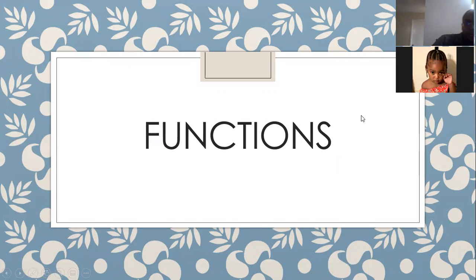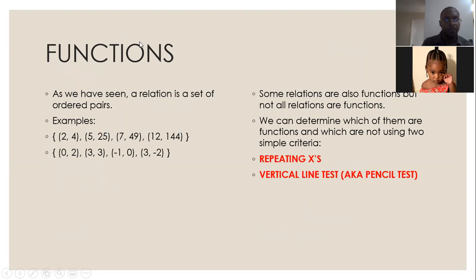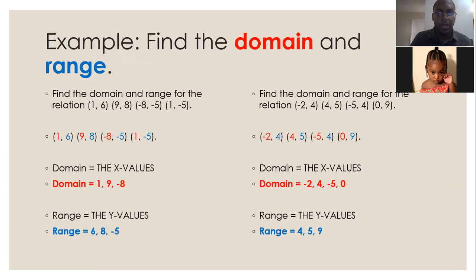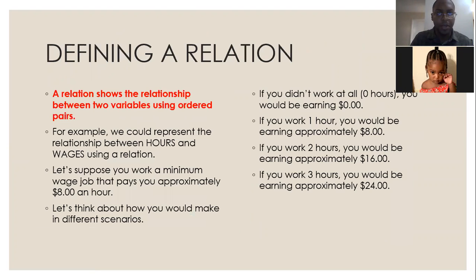Let's go to the second bit, which is functions. Let me go back to the beginning and do a little bit of a recap. At the beginning we defined a relation. We said that a relation is information that we know, and we represent it mathematically.